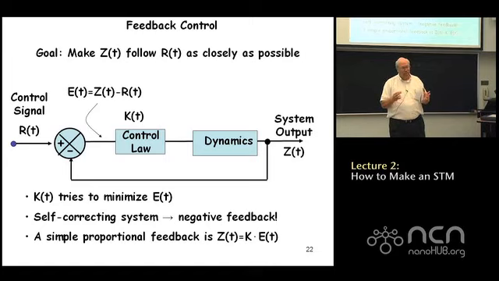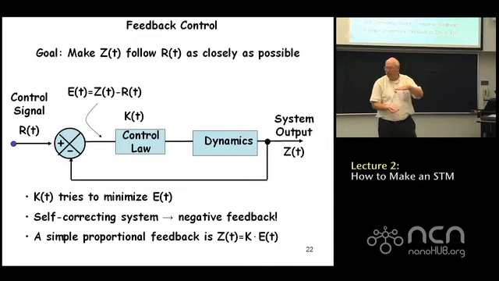You have to build a feedback circuit which takes a set voltage that you specify, compares it to the tunnel current measured by your scanning tunneling microscope, and then adjusts the position of the substrate with respect to the tip to make the tunnel current you're achieving equal to the set tunnel current that you specify, right?